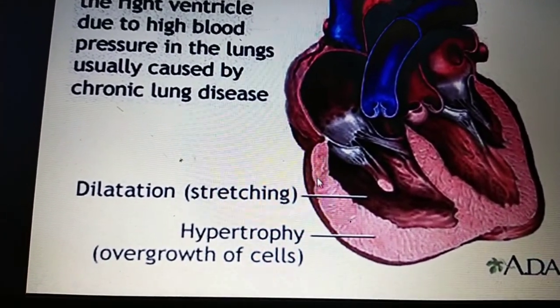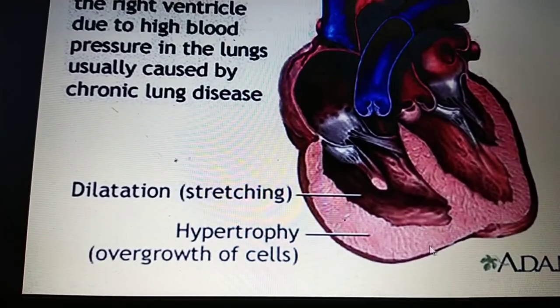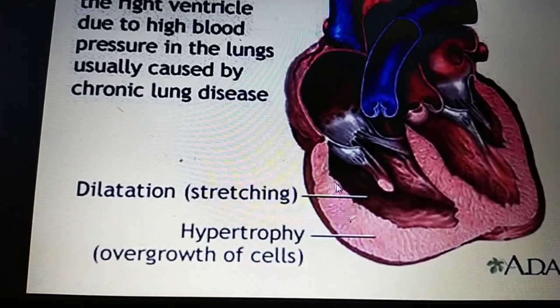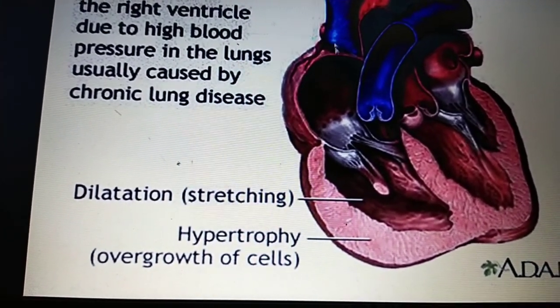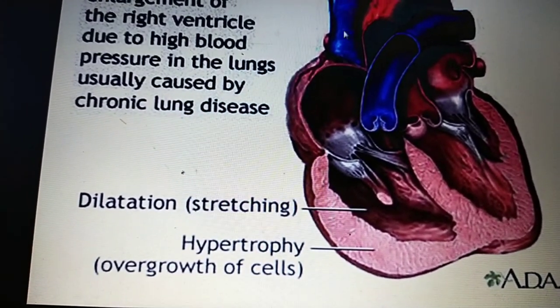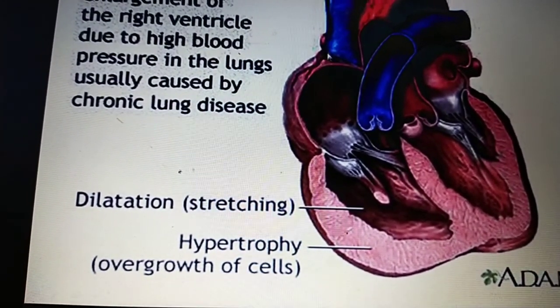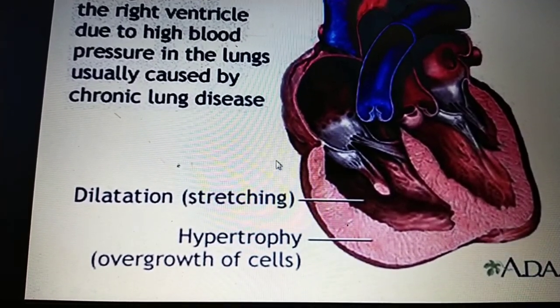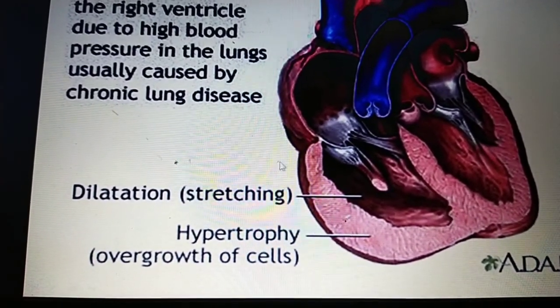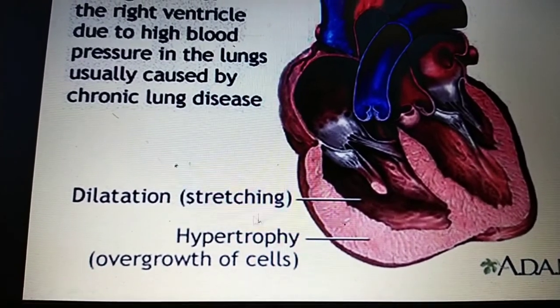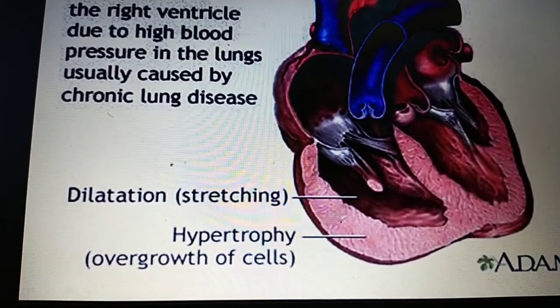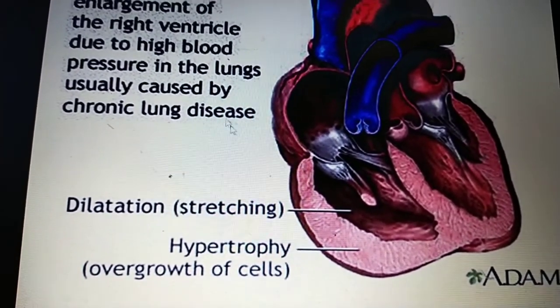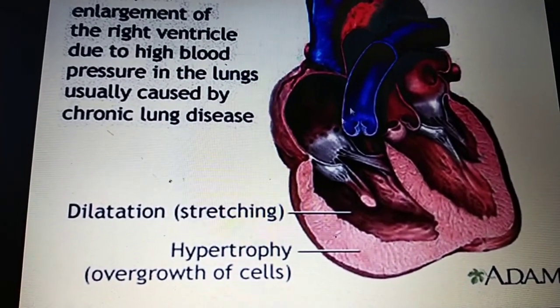Because of that, there is enlargement of the right side of the heart. Okay, because of that there may be increased pressure in the right ventricle, right atrium, and then into the superior vena cava and inferior vena cava. Because of that, sometimes there is hepatomegaly, and because of that there may be ascites or pedal edema also.